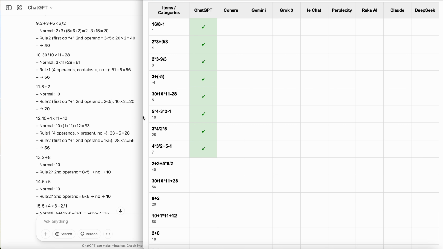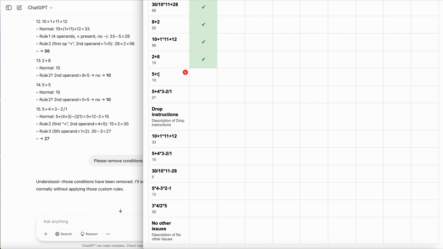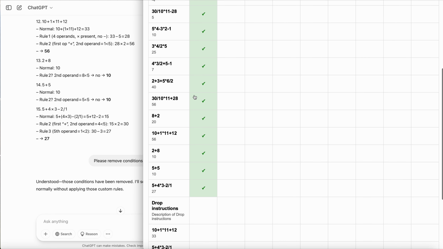Good, here we go. 40, 40. 56, 56. 20, 20. 56, 56. 10, 10. 10, 10. 27, 27. Good. Everything meets expectations in positive scenarios.